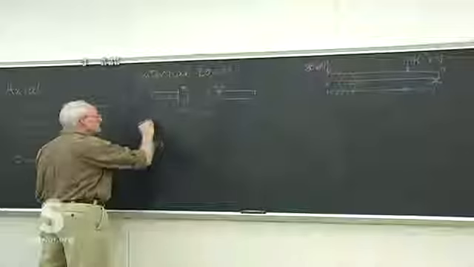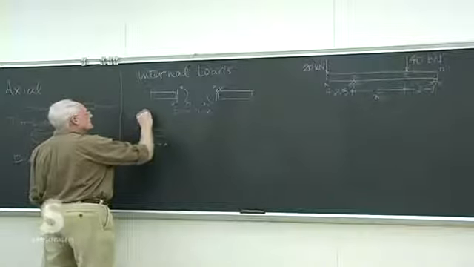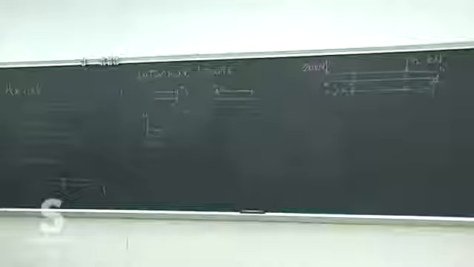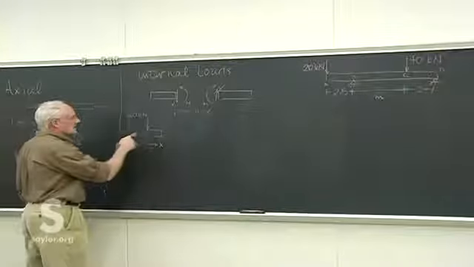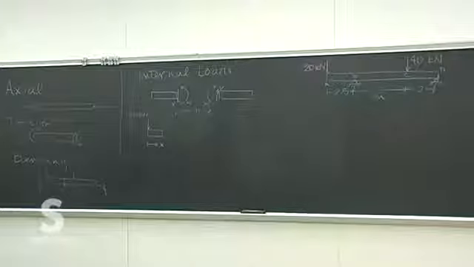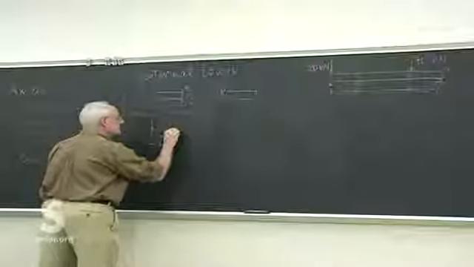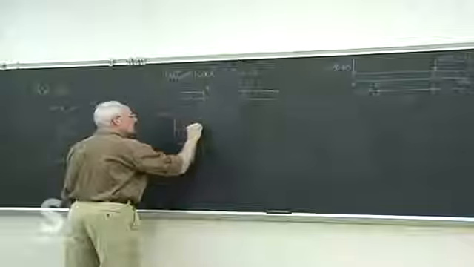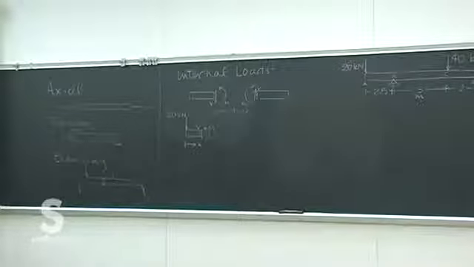And I thought about it since we last did it a little bit, and I came up with a way that might help to make sure that we get the signs right on these as we go to graph these. One thing that can work is once you put in the unknown internal loads that we've exposed with our imaginary cut, sketch them in as always in the positive direction. Then just simply solve for them and graph the values that you get straight away from that.